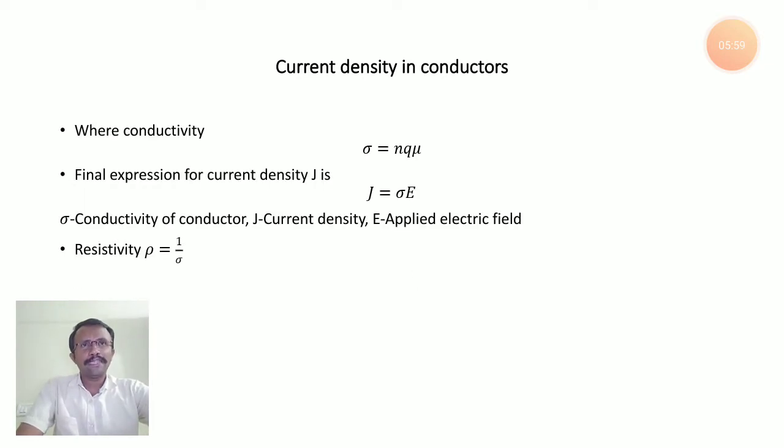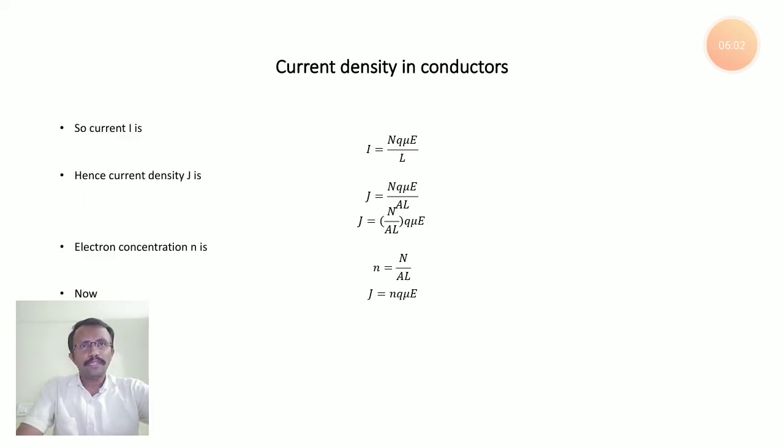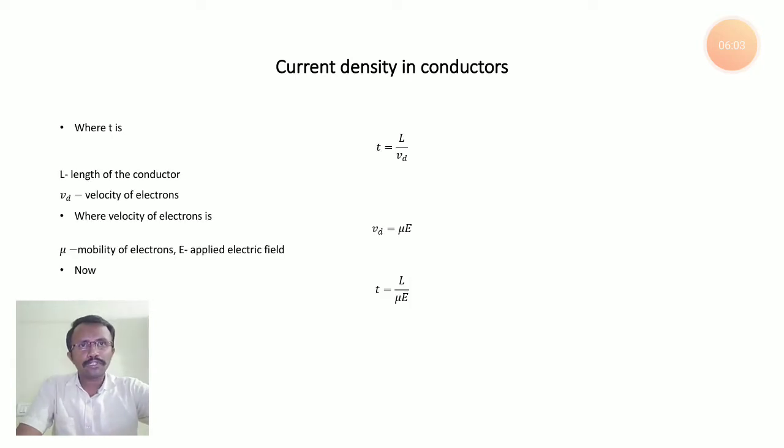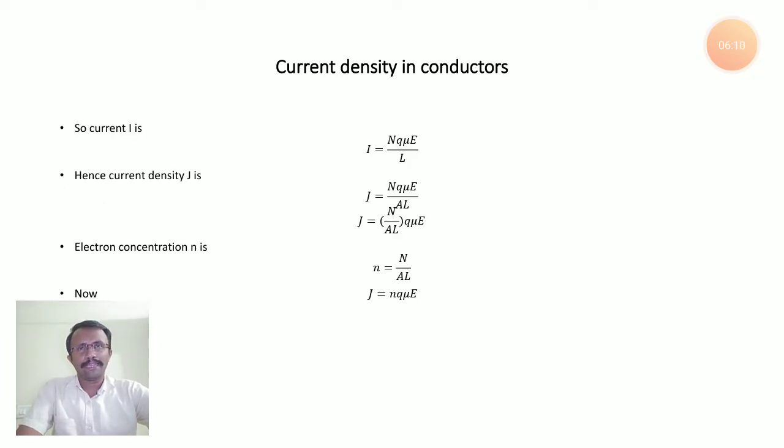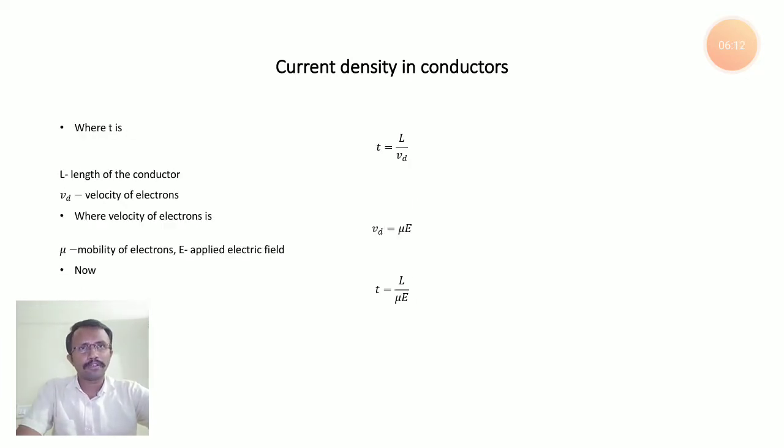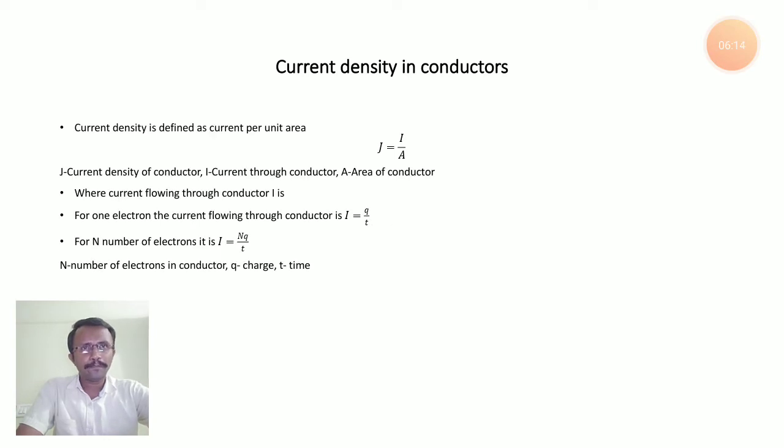Next, by using these two terms, time and velocity, we can get the current I flowing through the conductor. I is equal to Q by T for a single electron, and N times Q by T for N number of electrons.